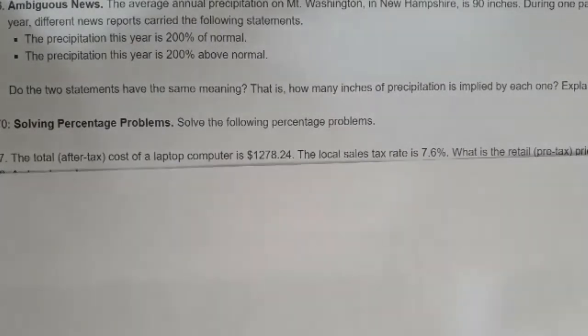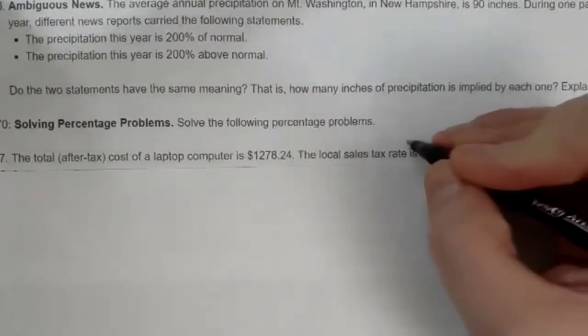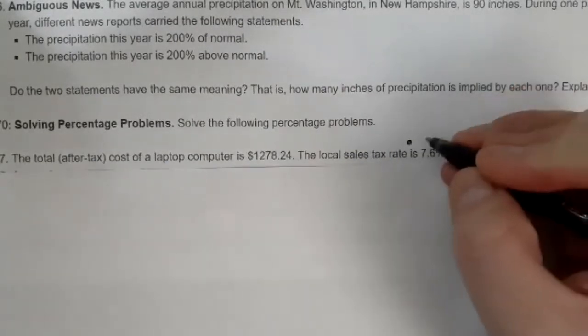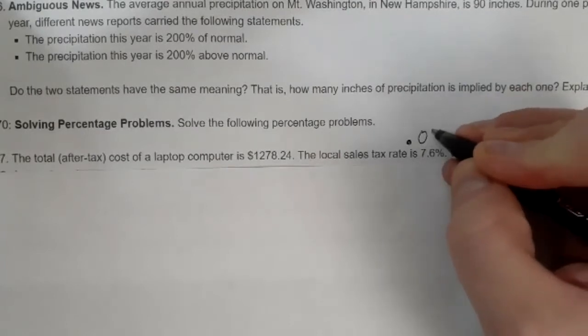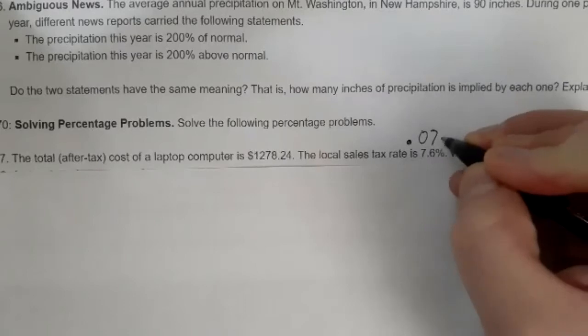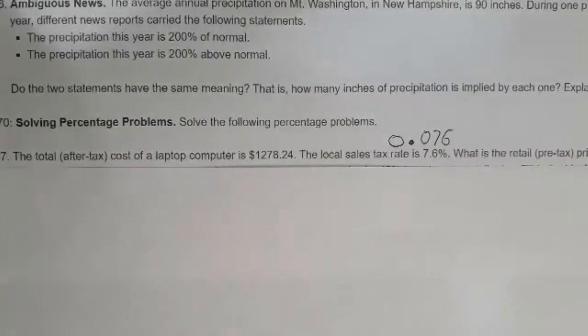So do we change the percentage to a decimal to do the equation? Yeah, so we're going to convert this to decimals, probably one of the first things. That's going to be 0.076. Yep. The 0.076 is what that 7.6% will be.